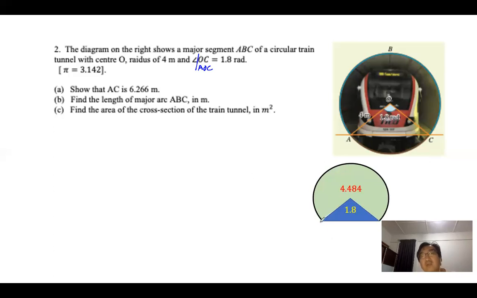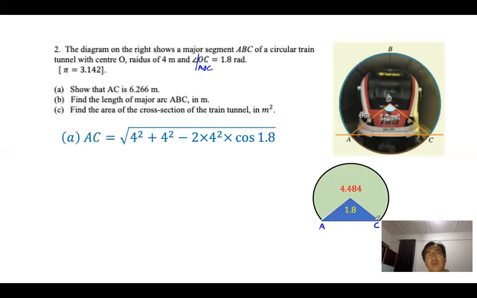So AC, this one AC. So what is this? This is a chord, right? So we use this formula. Okay, you use cosine rule. So AC square equals to 4 square plus 4 square. So this is 4, right? 4 square plus 4 square minus 2 times 4 square times cos 1.8. So we use this cosine rule.